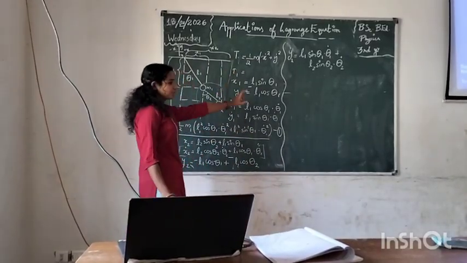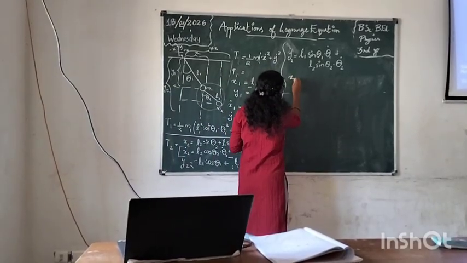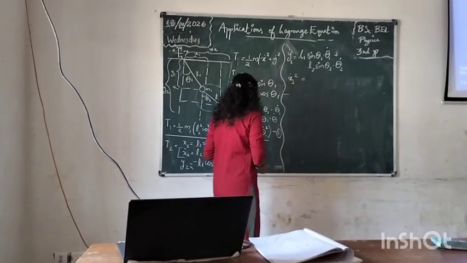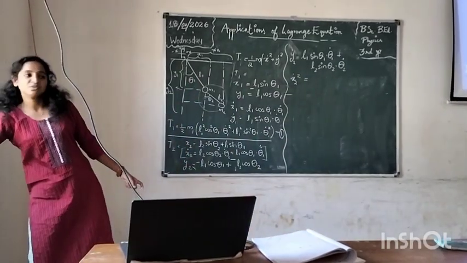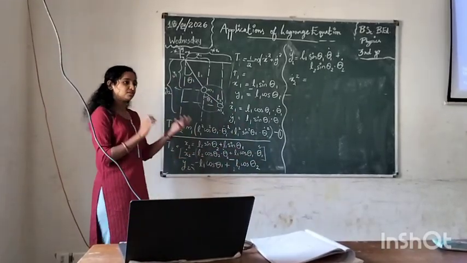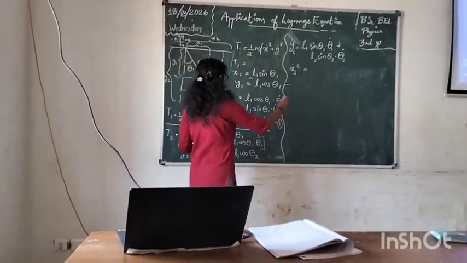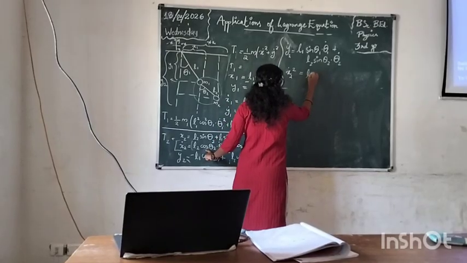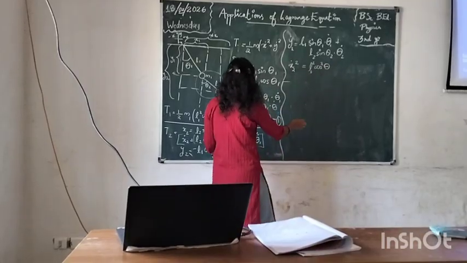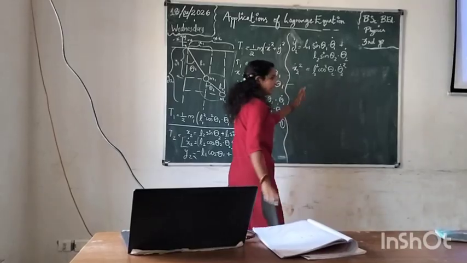Next we have to square this and add. So x2 dot square is equal to, this is our x2 term, and on squaring, we have to use a plus b whole square for this term. So it will become L2 square cos square theta 2 into theta 2 dot square. This is a square.